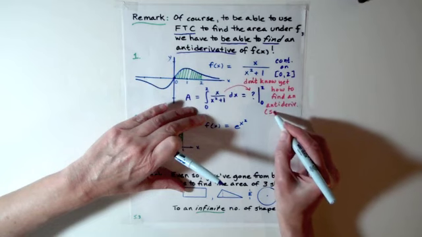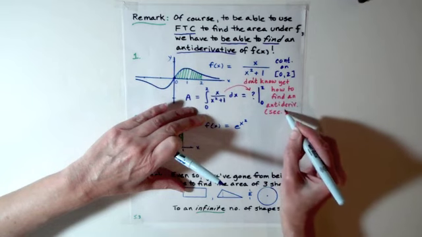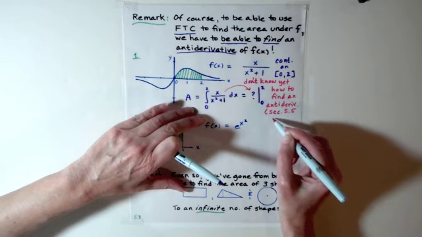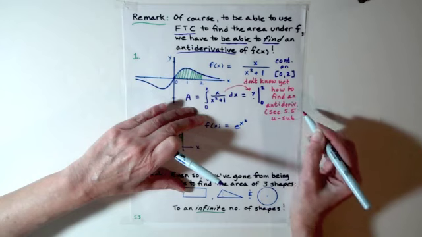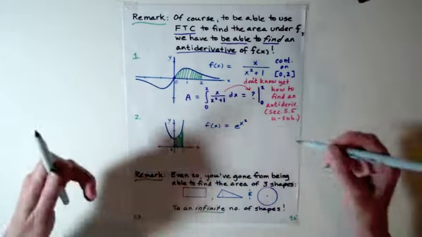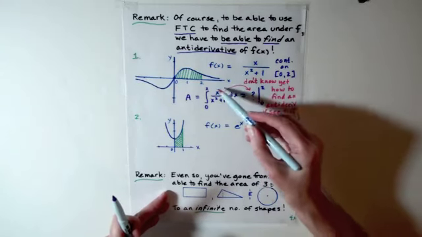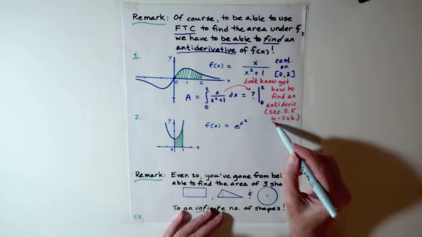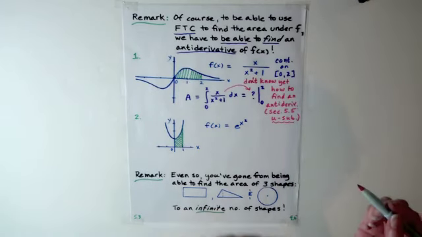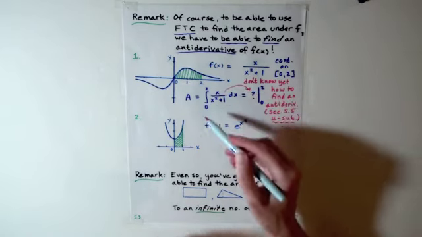I believe it's in section 5.5, and you have to use a technique called U substitution, which is a sort of trick for integrating that allows us to rewrite this in a form that we do know how to find the antiderivative of, and we just don't know how to do it yet. So when we get to section 5.5 and learn this U substitution technique, we will be able to do this problem.